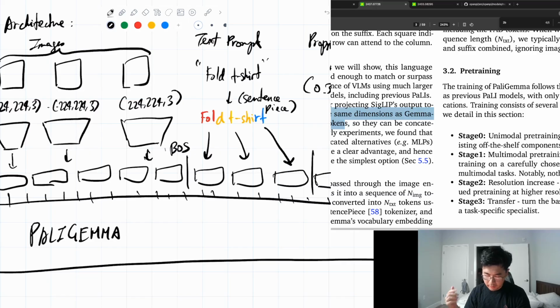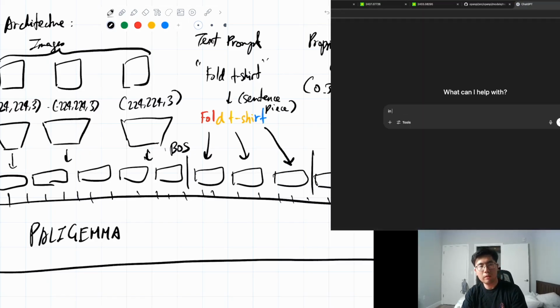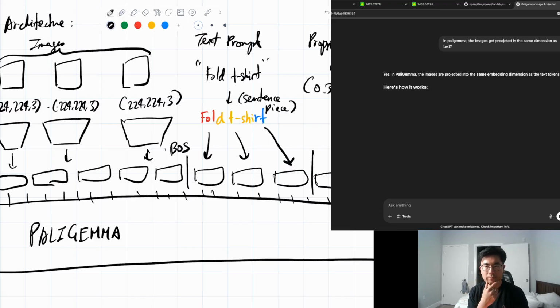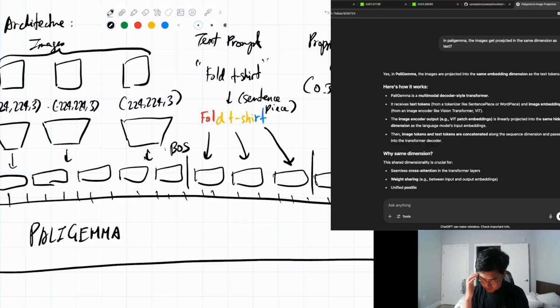In Pi0, the images get projected into the same embedding dimension as text.